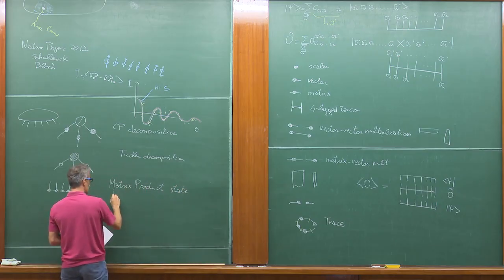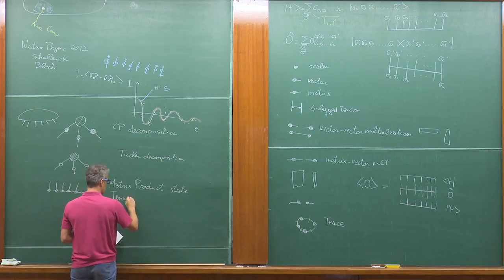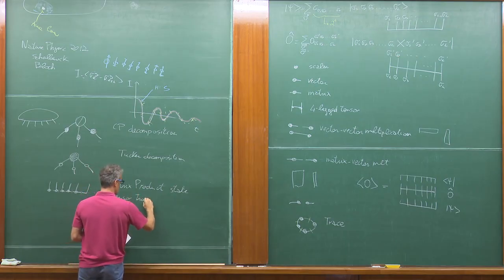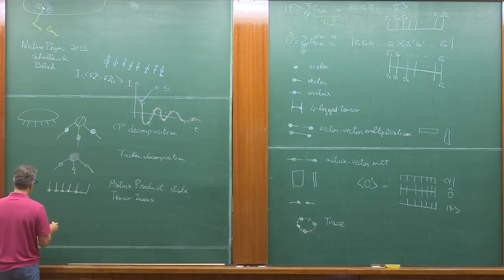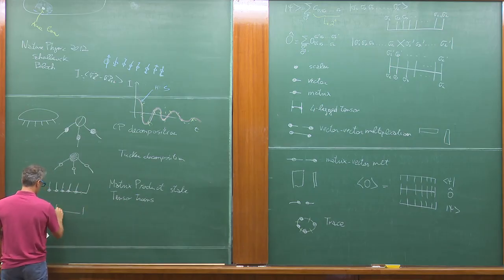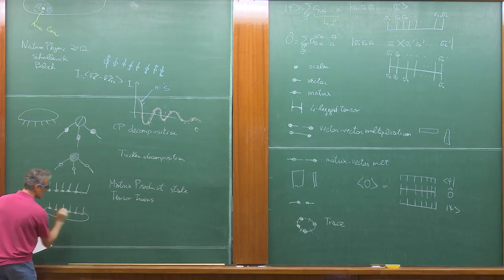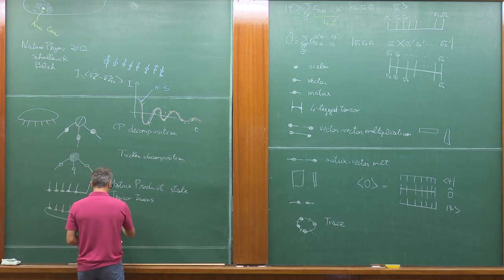But it's also known as tensor trains. Okay. Then you can take something like this, as we have here, and add a leg like this. This is assuming periodic boundary conditions. It's called tensor ring.